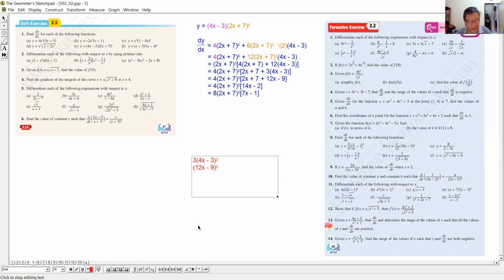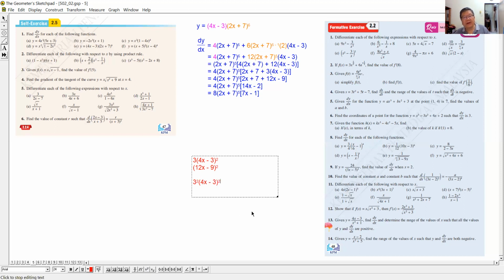Okay, unless you have something like this: 3 to the power of 2, then bracket 4x minus 3, also raised to the power of 2. Now both of them have power of 2.